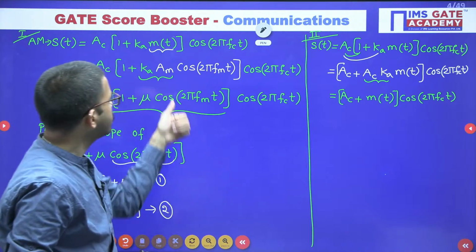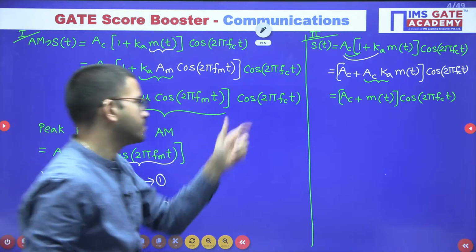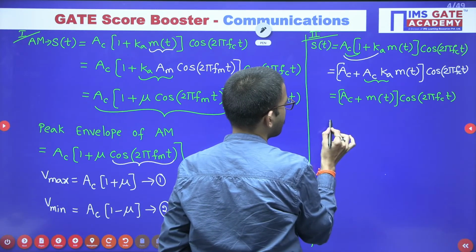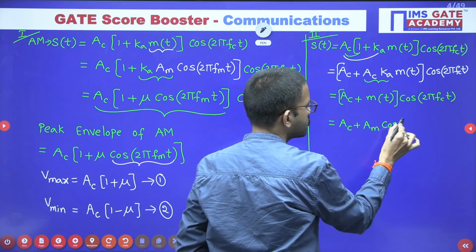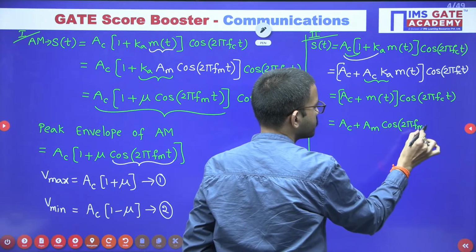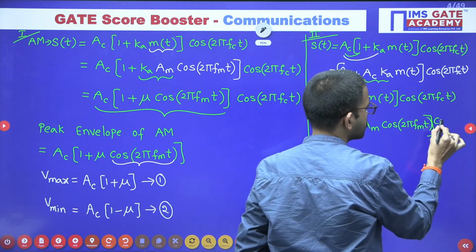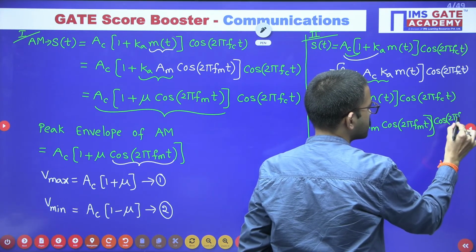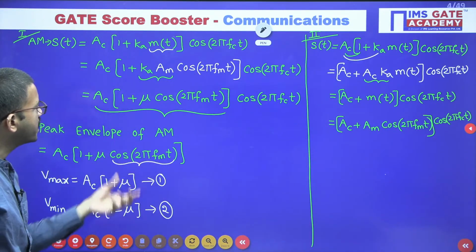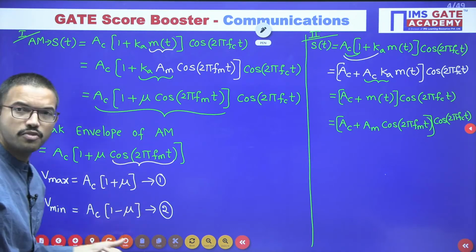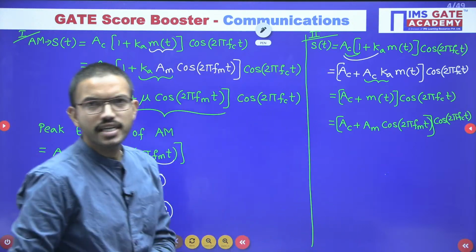From the given waveform, m of t is nothing but the cos signal. For the time being I have considered it as Am cos 2 pi fm t. Now you can substitute in place of m of t. From here you will get AC plus Am cos 2 pi fm t into cos 2 pi f c t. Earlier we got the expressions in terms of modulation index, but now you will get them in terms of AC and Am.